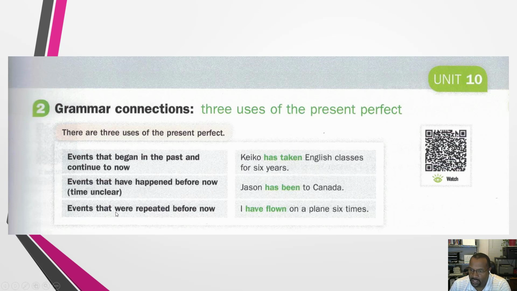And then events that were repeated before now, so things that happened over and over again in the past. If you have difficulty understanding these 3 uses, especially these last 2, you can scan this barcode and watch a brief video explaining this as well.